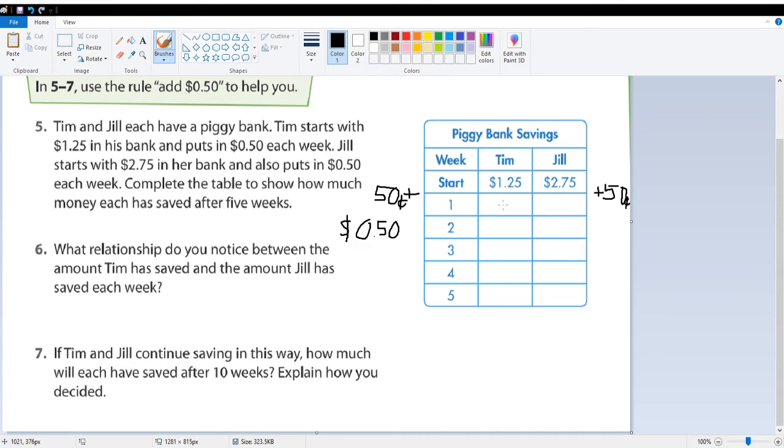All right, so all we have to do is just keep adding 50 cents. When I'm adding money, especially when it's something like 50 cents, a lot of times I'll just think about quarters. So 5 quarters, and then adding 2 more, 7 quarters.